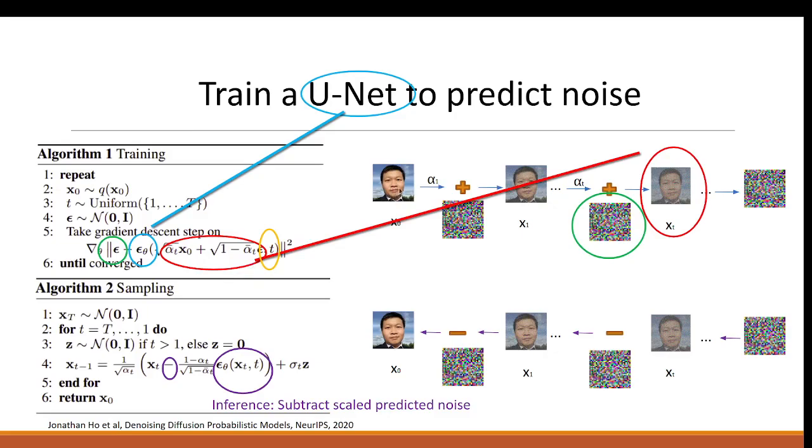Okay, and although when we look at this picture, the diagram is a Markov chain, which means we have to go step by step, after some derivation of this equation, we do not need to do the training step by step.